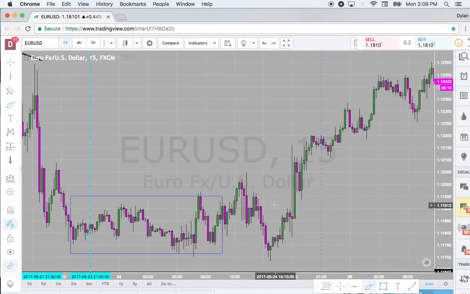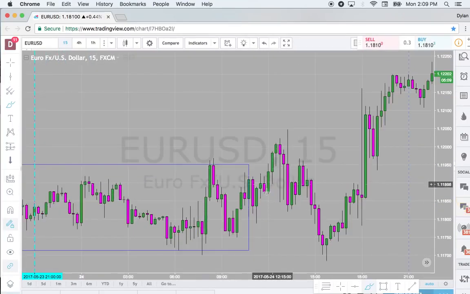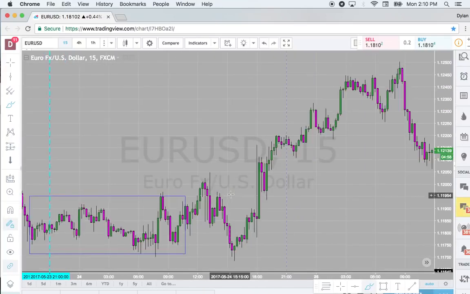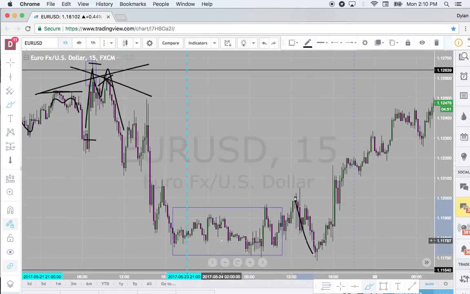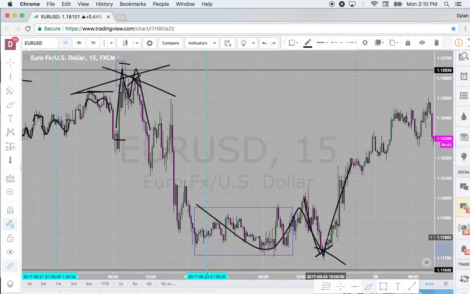Now that's a little strange of an M. I don't know if I would have personally sold that at the time, but what you can see is price did come down to the low and stop hunted the low to create that W formation here, giving us that perfect opportunity to buy.